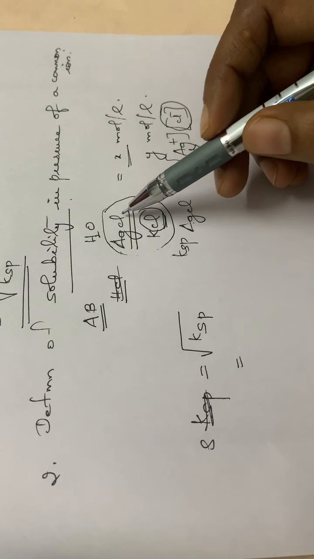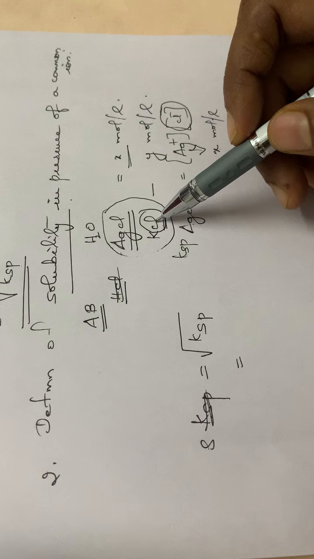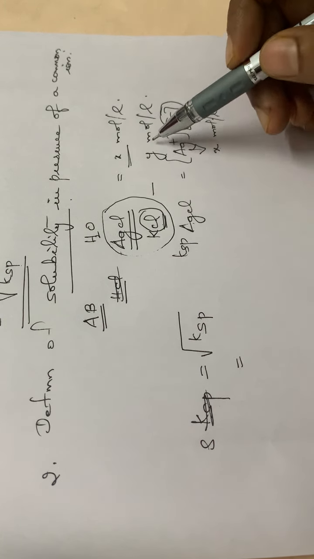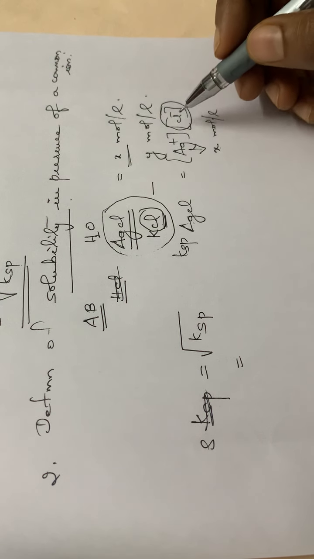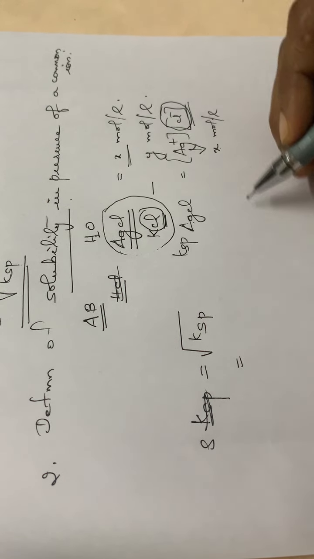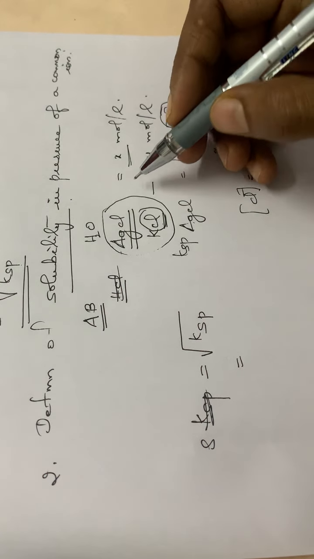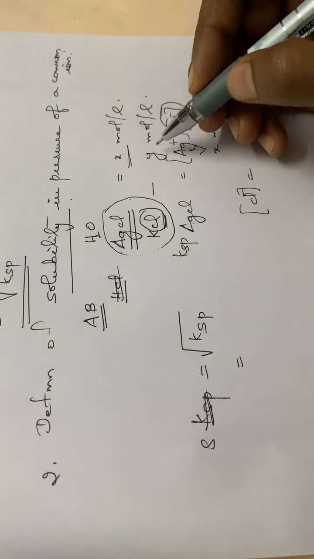Since the solution has an ion in common, Cl minus is the common ion, and its added concentration is Y moles per liter. So the concentration of Cl minus will be equal to the sum of X and Y.